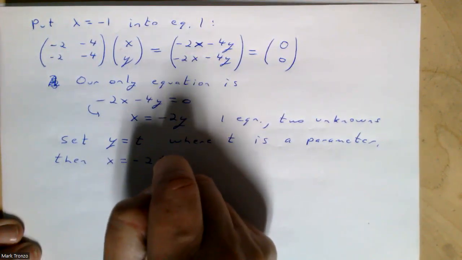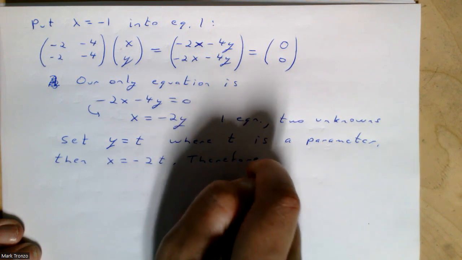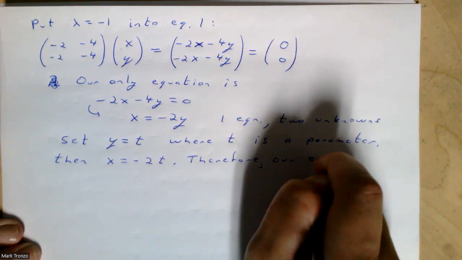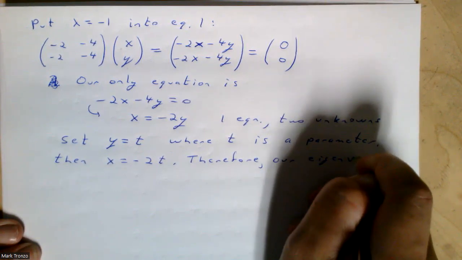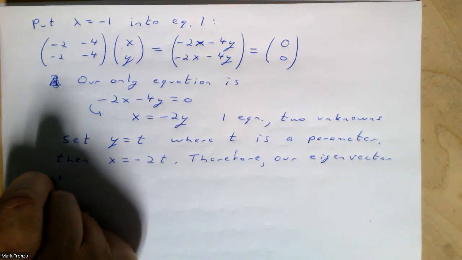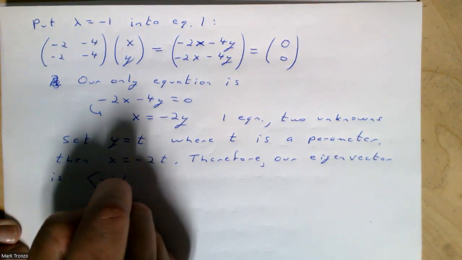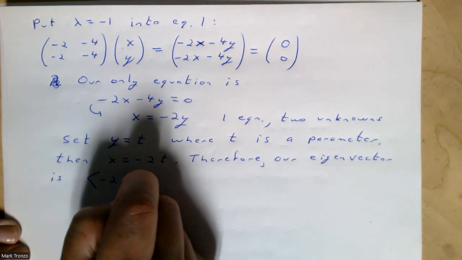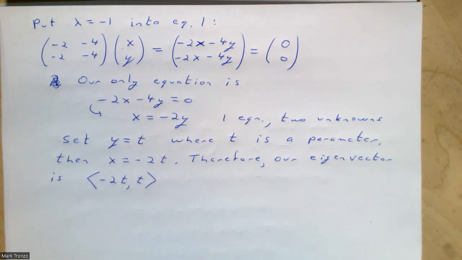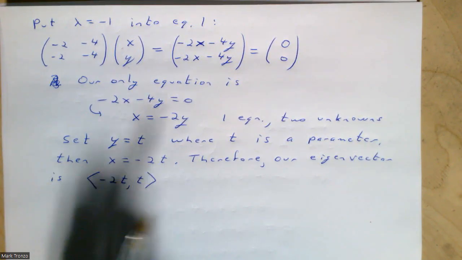We put that back in here. Therefore, the eigenvector is minus 2t and t. And so what this means, remember, this is a parameter, so any value of t will work.